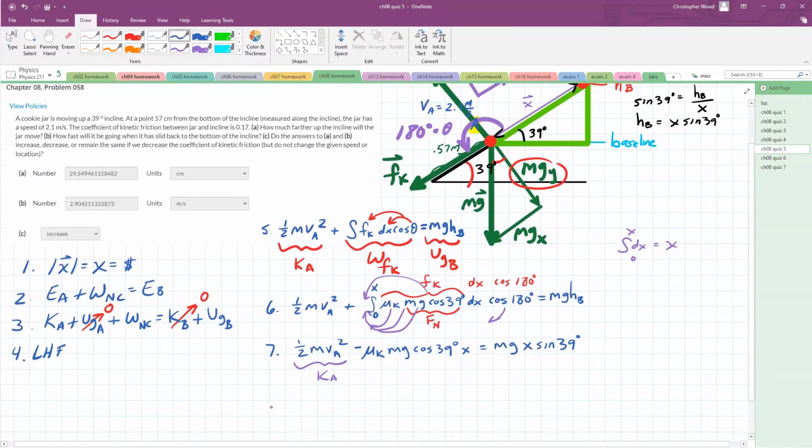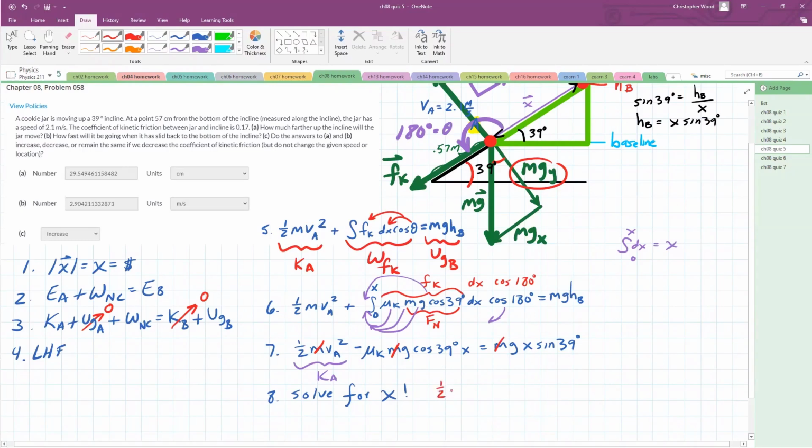Number 8. Solve for x. Do I know everything here? No, I don't know the mass, but low-hanging fruit. Mass here cancels with mass here, cancels with mass here. So now it actually got a little more simple.